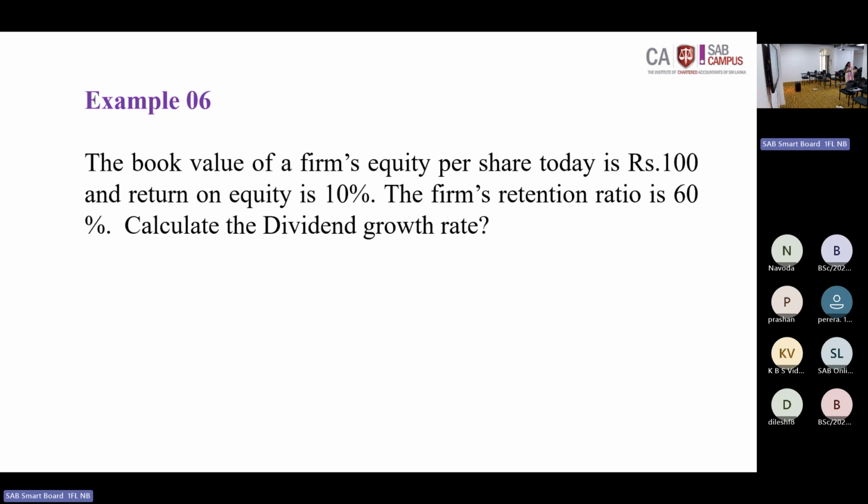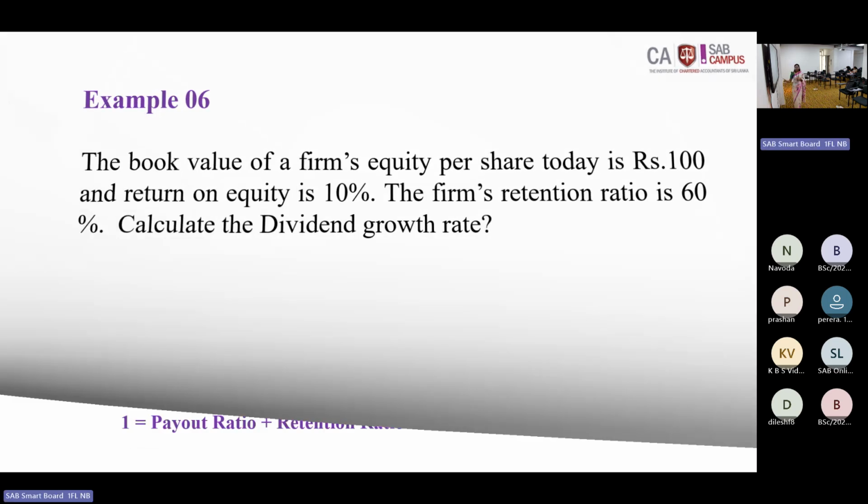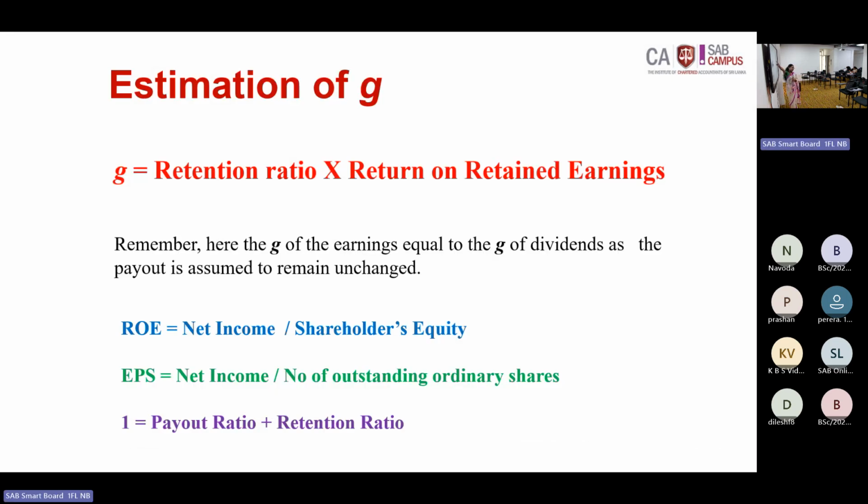Dividend growth rate, G, equals retention ratio multiplied by the ROE, return on equity. Right? How can you identify the retention ratio?